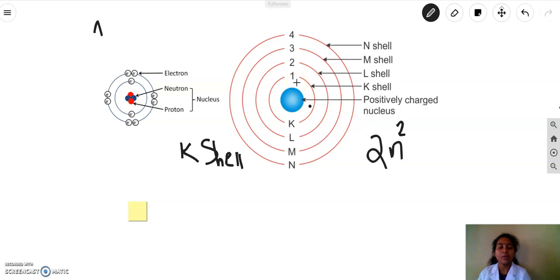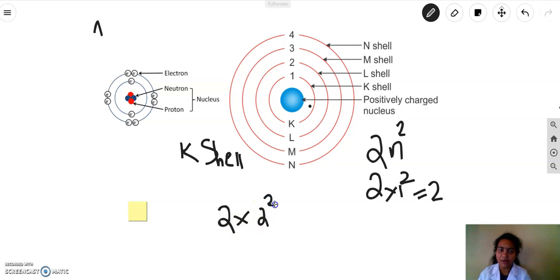For example, how many electrons can we accommodate in the K shell? We know n is equal to 1 for the K shell. So it will be 2 into 1 square. 1 square is 1, so 2 into 1 is 2. So we can accommodate 2 electrons in the K shell. What about the L shell? 2 into 2 square.